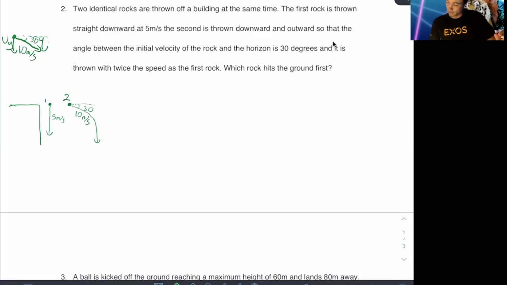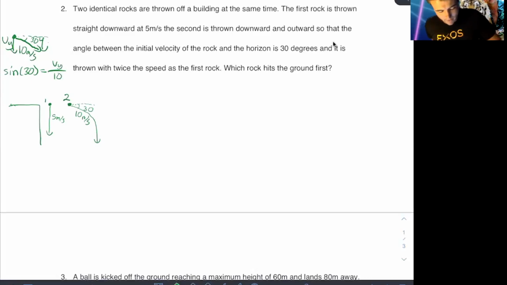So to do this, I'm going to do sine of this angle. It's right here. So sine of 30 equals whatever the velocity in the y direction is over 10, right?